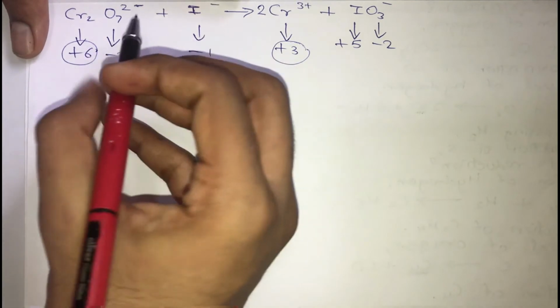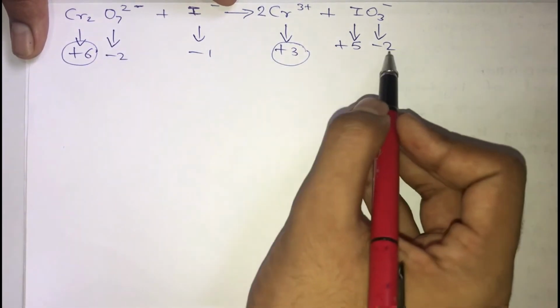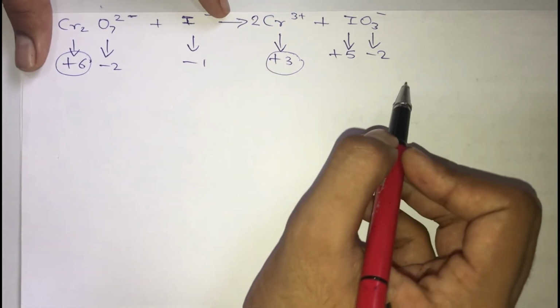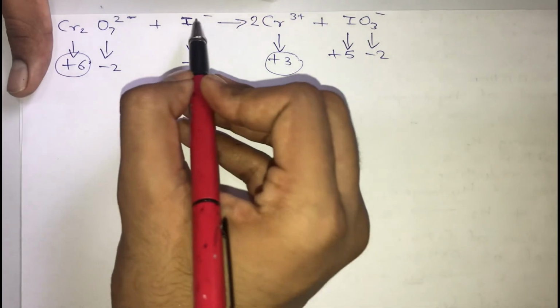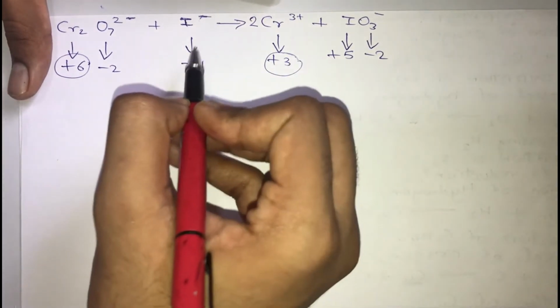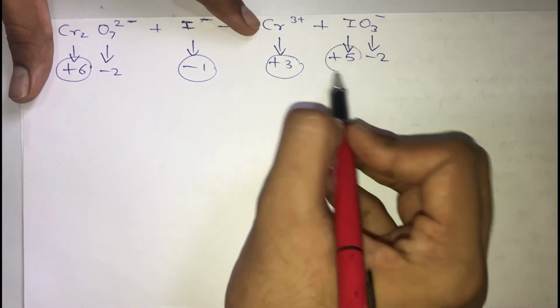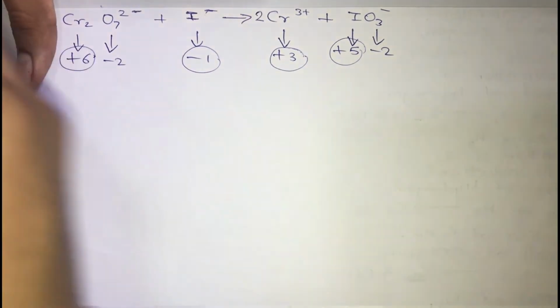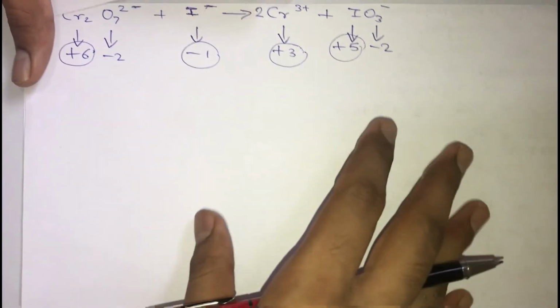Next, the oxidation number of oxygen is constant from -2 to -2. So oxidation number of oxygen has not changed. Then for iodine, the oxidation number has been changed from -1 to +5. Okay, so here we have got whose oxidation number has changed.